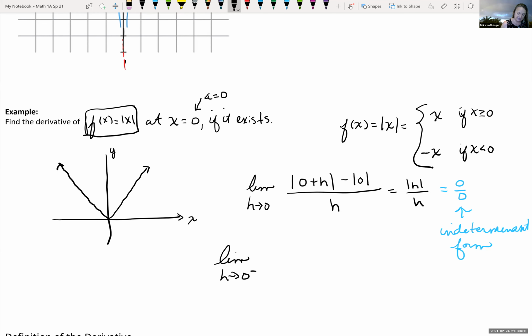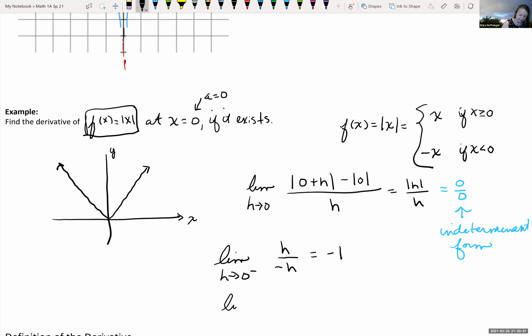If I was doing that, then when I'm plugging in a negative number in here, the result is positive, right? The absolute value of a negative is positive. So this is the same thing as h over, now plugging in a negative number here, so this is h over negative h. And this is equal to -1.